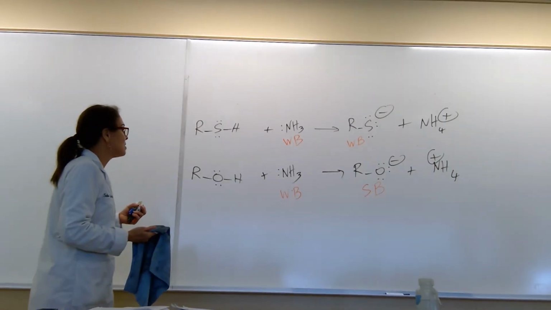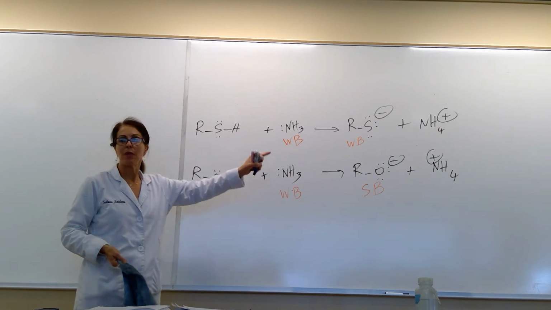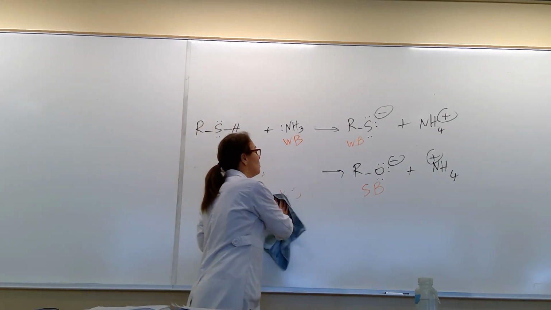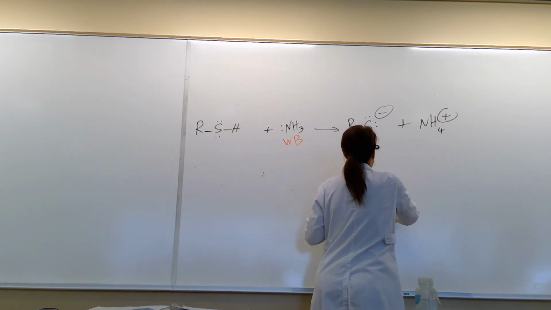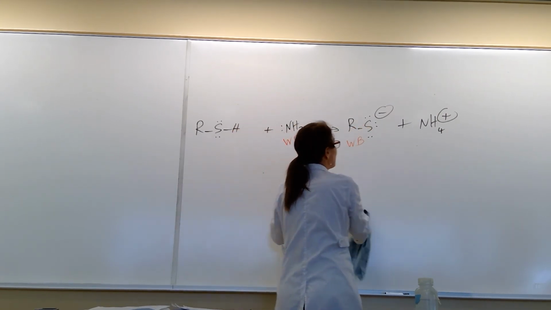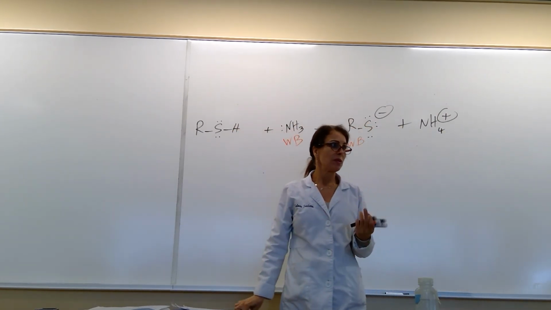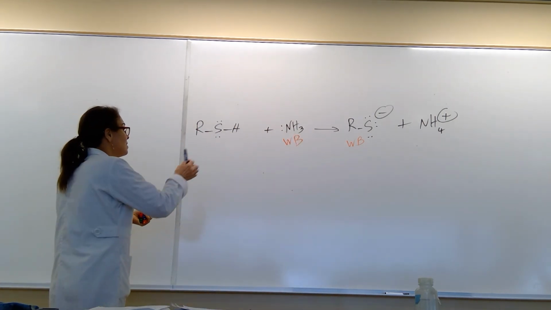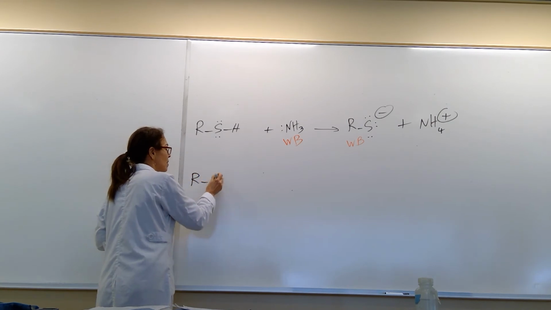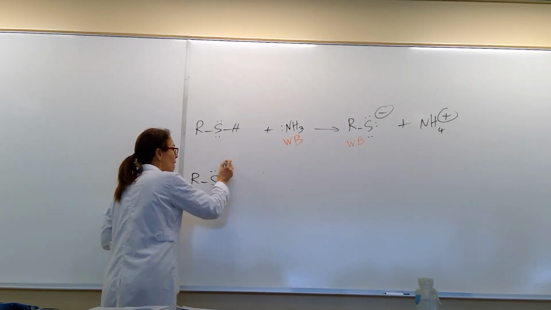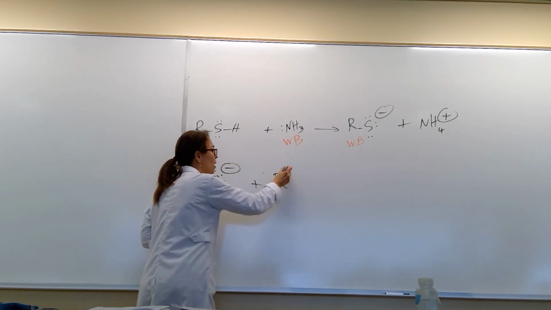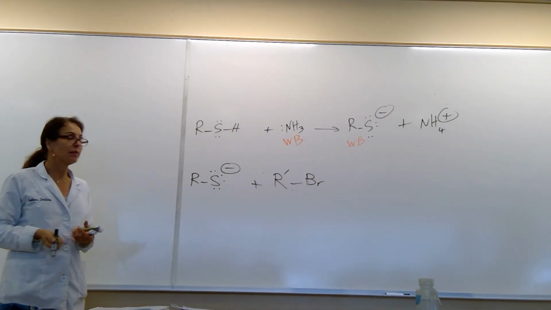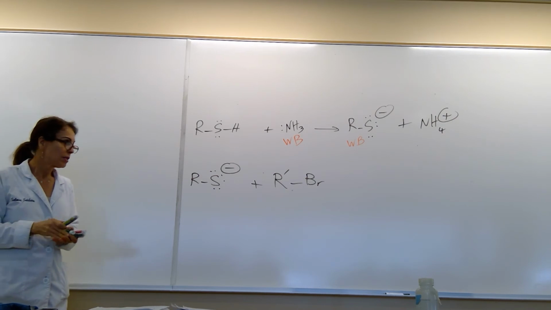But then what is the next reaction? They can work with a base, as you see, and it gives you something negative like that. Ammonium salts are pretty stable, very, very stable salts. Then you can take that, and what if I bring R prime Br, let's say, an alkyl halide?